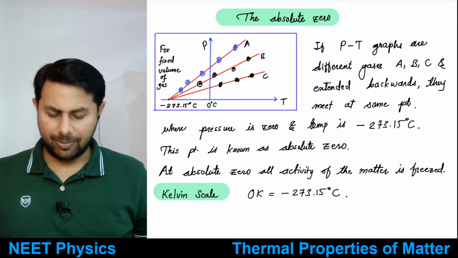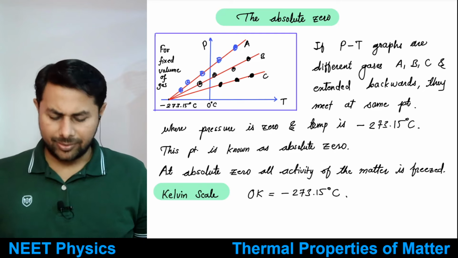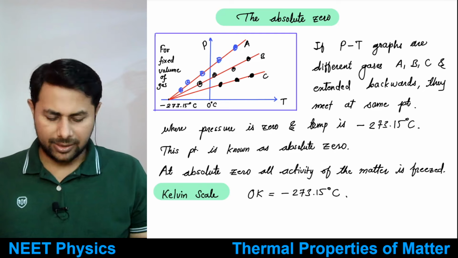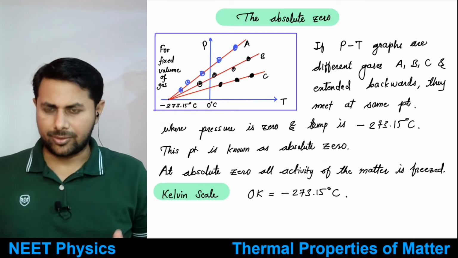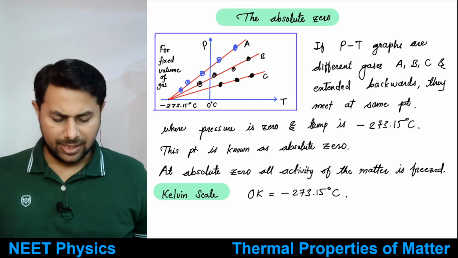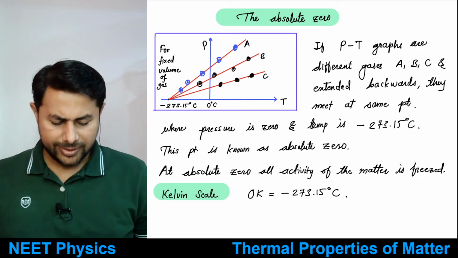The same thing will happen for the volume versus temperature graphs also. They will meet at the same point on the temperature axis, and that temperature would also be equal to absolute zero. The temperature is minus 273.15 degrees Celsius and it is known as absolute zero. So what is absolute zero?